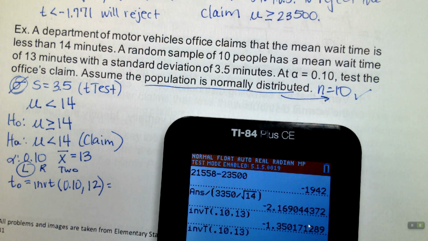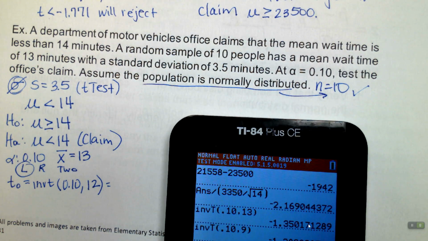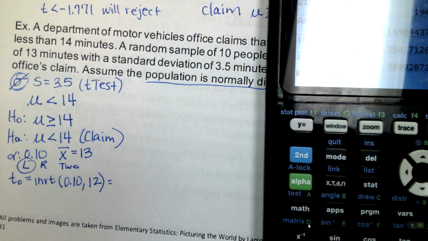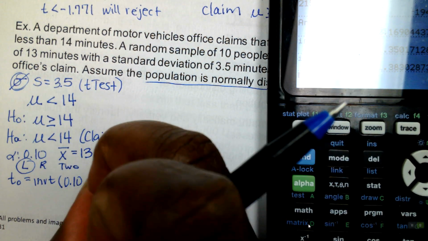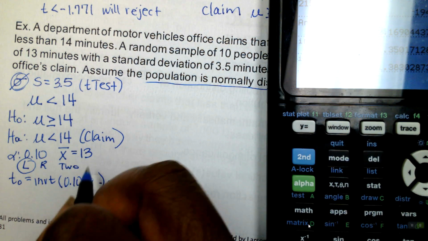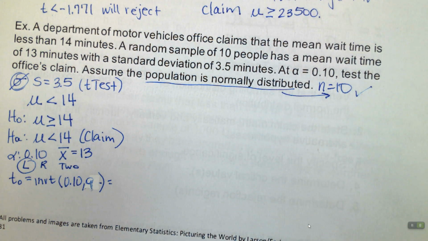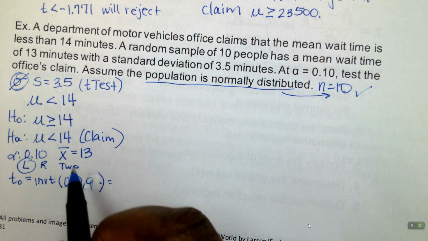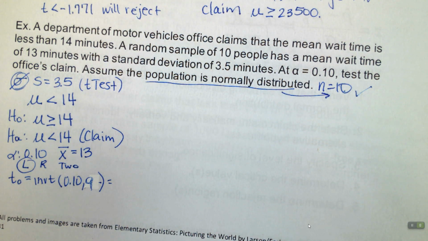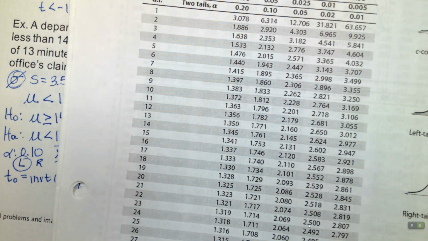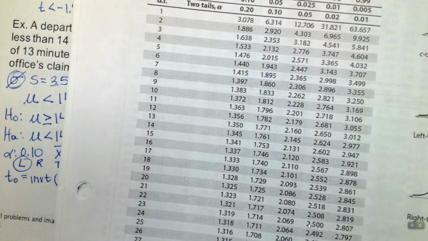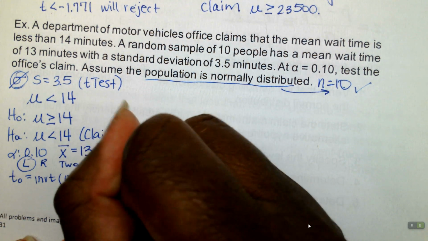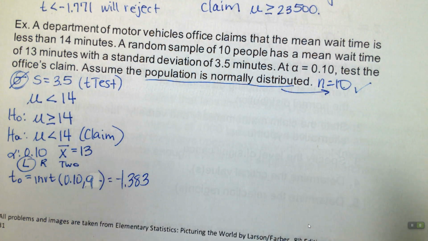Oh, I had the wrong DF. Something didn't look right. Our N is equal to 10, so our DF is 9. I was way off. Alright, so DF is 9, 0.10, 1.383. Alright, there we go. Negative 1.383.